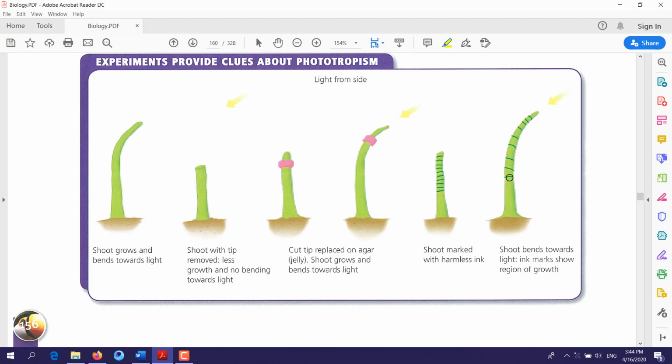The ink that they used shows the region of growth. Now see the distance between two marks. The distance increased. What does that mean? It means growth happened here, new cells formed between them. So it grows, it's bigger now, and it's also going toward the light.